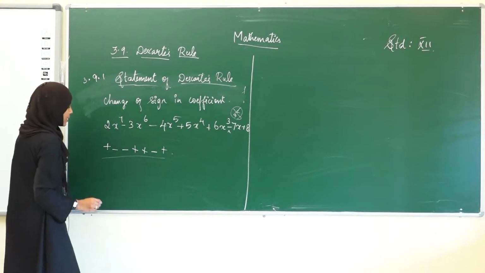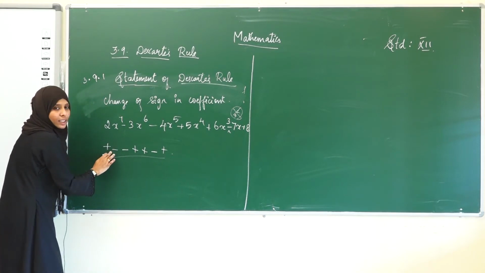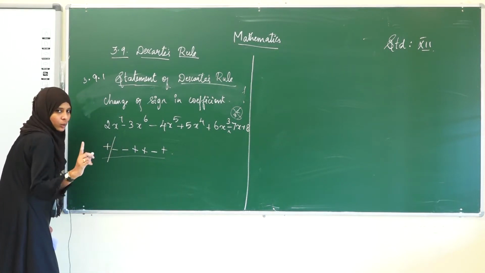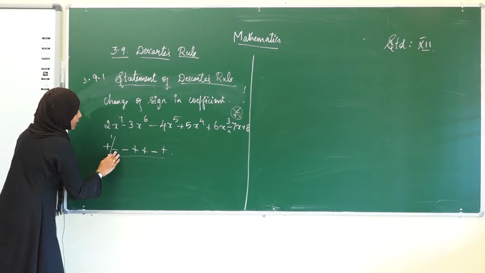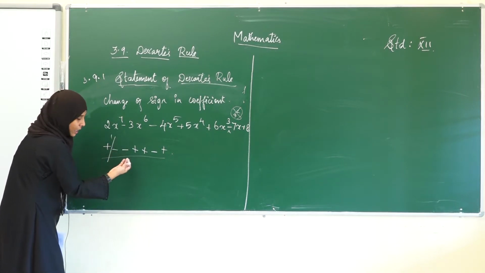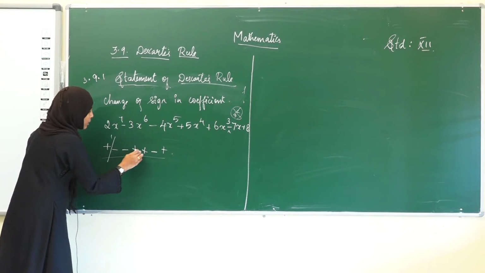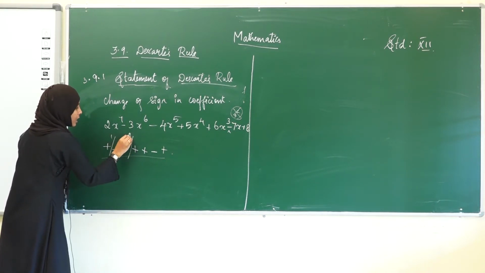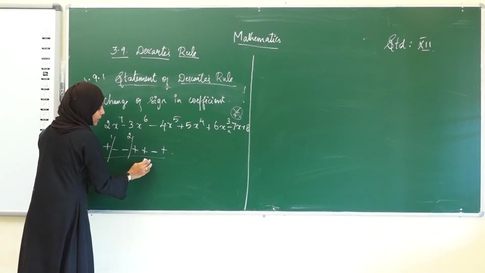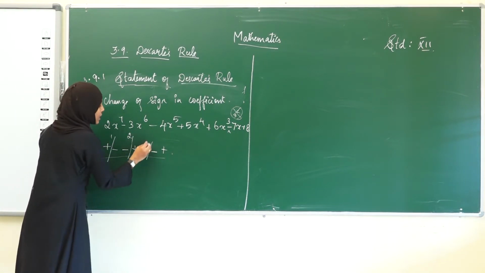Now in this row, we are going to find where the changes are. Here it is plus and the next is minus, so here is one change, 1. Here it is minus and the next term is also minus, therefore there is no change. The next term is plus, so we have another change, that is 2. Then plus and minus, there is a change, that is 3.